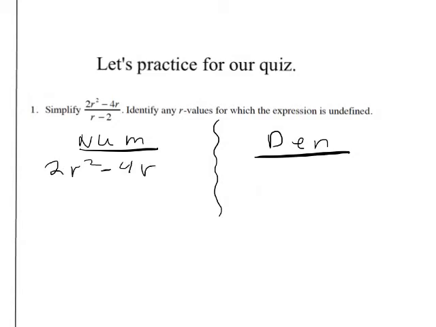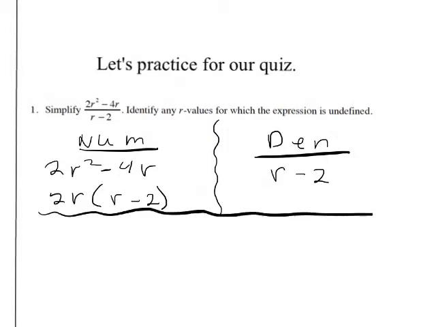In the top I can factor out a 2r, and I'm left with an r minus 2 inside. On the denominator I can't factor out anything. Let's put it back in fractional form: 2r times r minus 2 all over r minus 2.